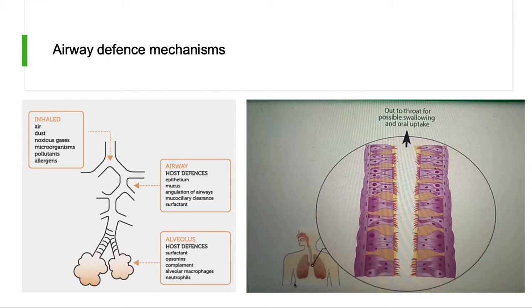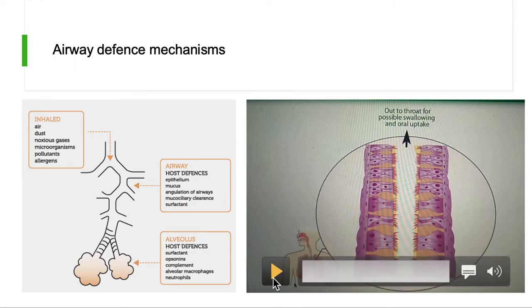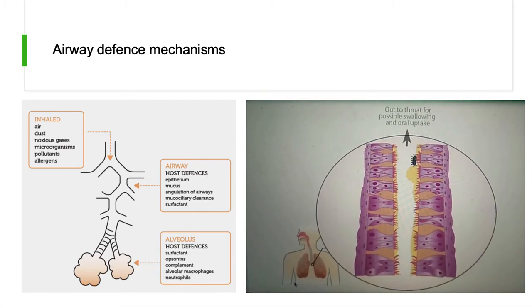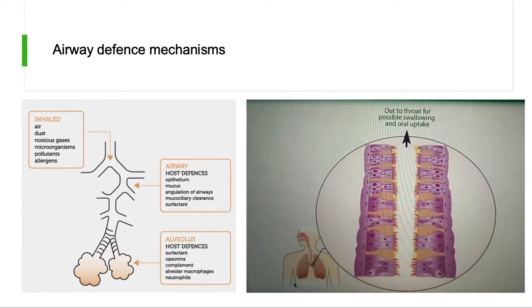In normal circumstances, approximately 20 to 30 milliliters of secretions are produced by the airways on an everyday basis. These secretions, which are necessary to protect the airway from foreign particles, are cleared by the mucociliary escalator and swallowed.